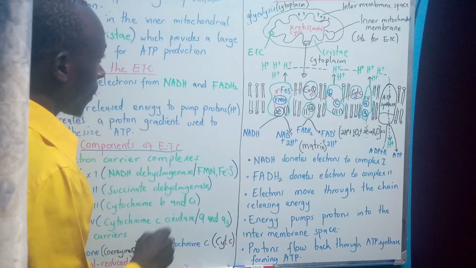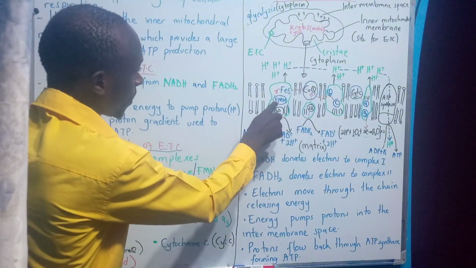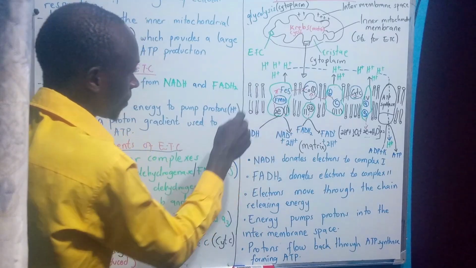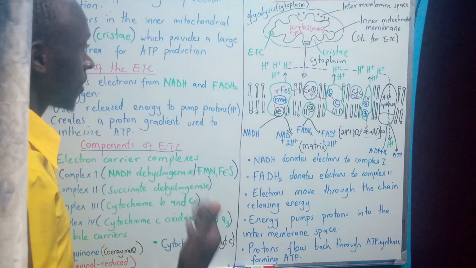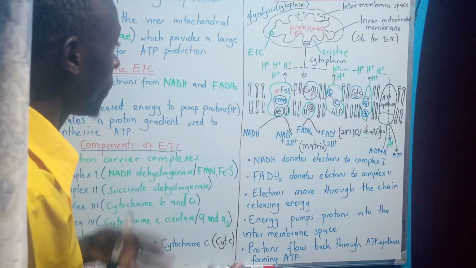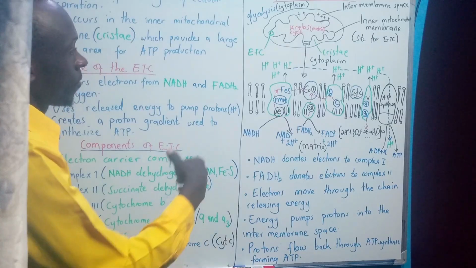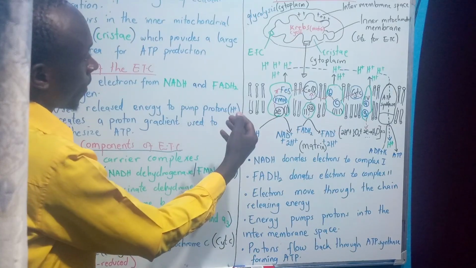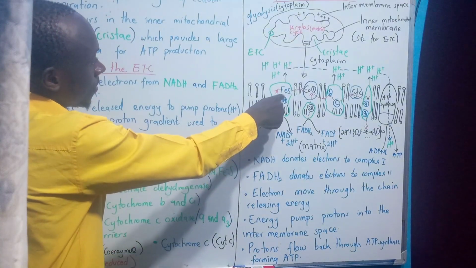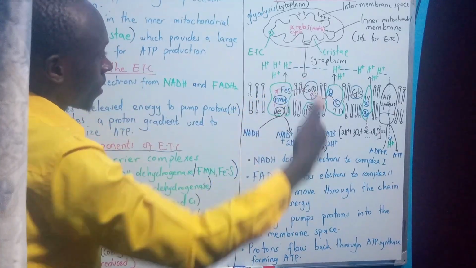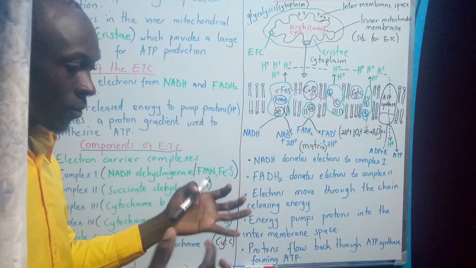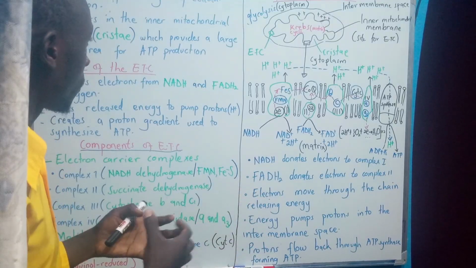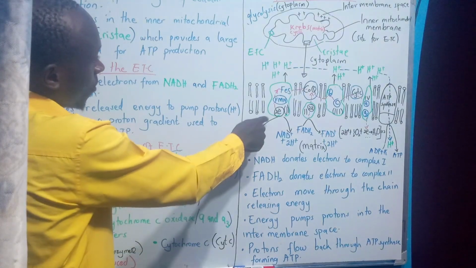You can see that complex number 1 contains FMN, flavin mononucleotide. Flavin mononucleotide is a protein which helps in carrying the electron from one component to another. FeS is also another carrier protein. Of course, a protein complex consists of very many proteins combined together. So this is the first complex.